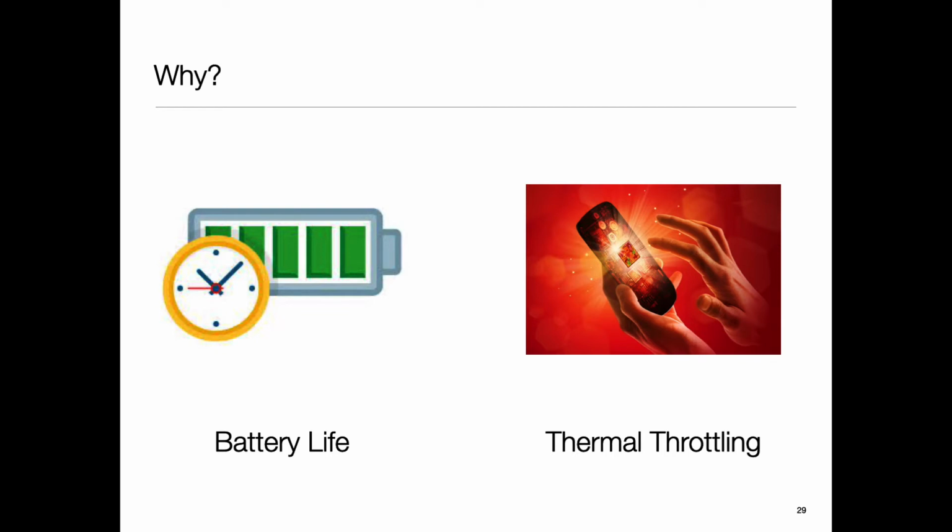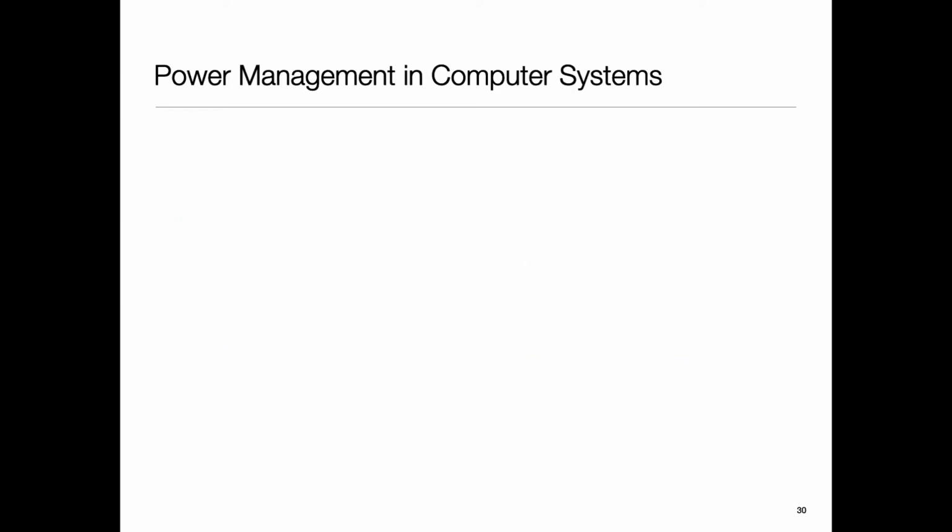So thermal throttling is a valid thing, and also battery life and battery age. If you don't use the thing properly, then the battery may die sooner, not as in exhausted, but its capacity to hold charge degrades. Okay, so there are lots of effects like these which kick in.